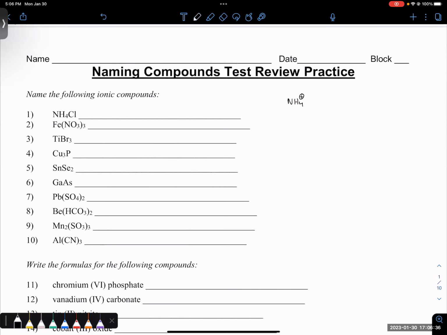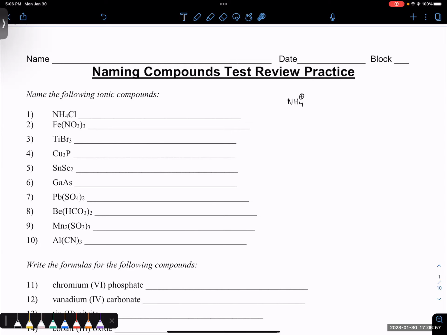And do we all know the charge? Because I can't see the chat, it would be nice if y'all could just unmute and say it. Do we know what the charge on chloride is right here? Yes, no?